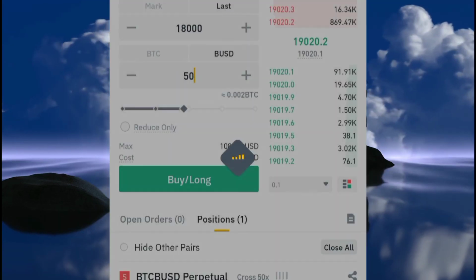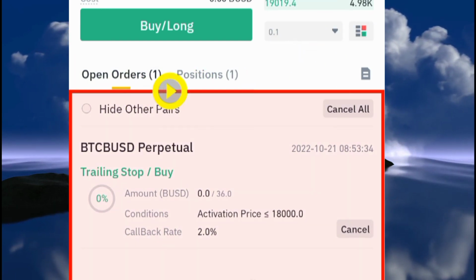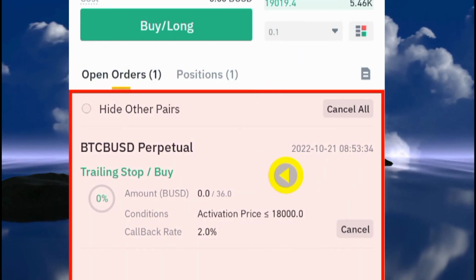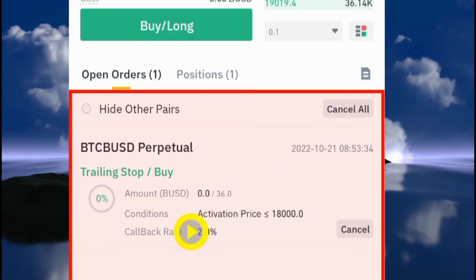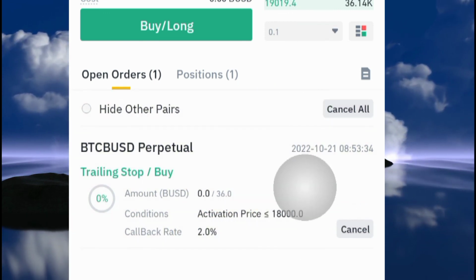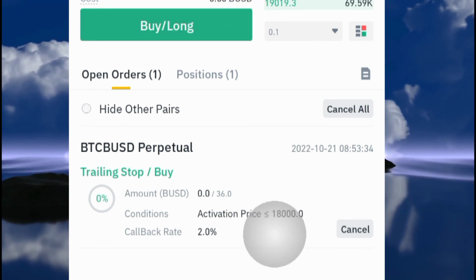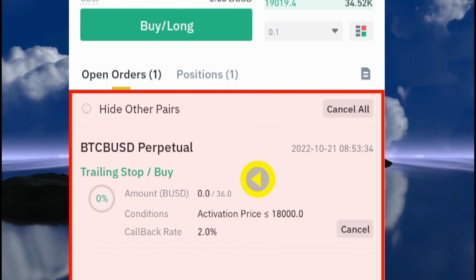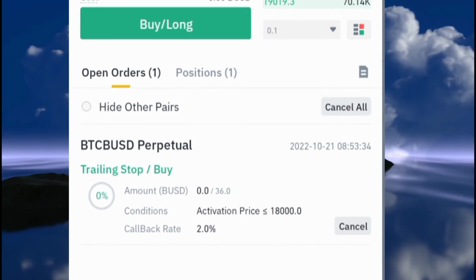Click on confirm. So you can see here now that I've got an open order, and it says I've got an activation price of 18,000 down here and a callback rate of 2%. So what this means is that if the price of Bitcoin starts going up, if it gets to this 2% rate here, my order is going to be executed.